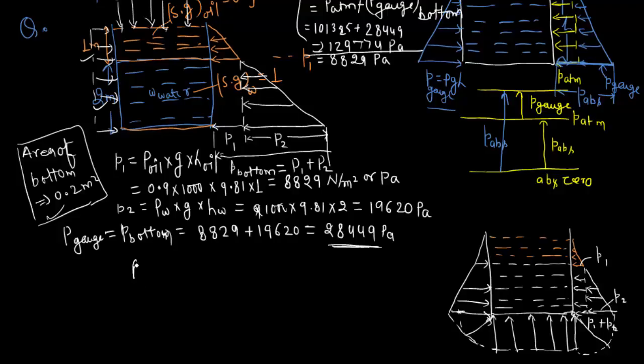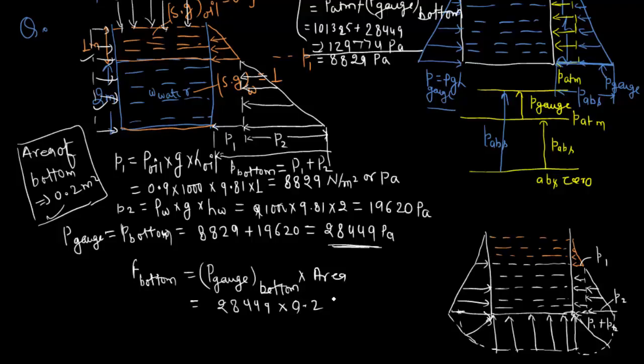The force at the bottom due to the gauge pressure, we can write, is P gauge at the bottom into the area. So here P gauge is equal to 28,449, and the area here is 0.2 meter square.